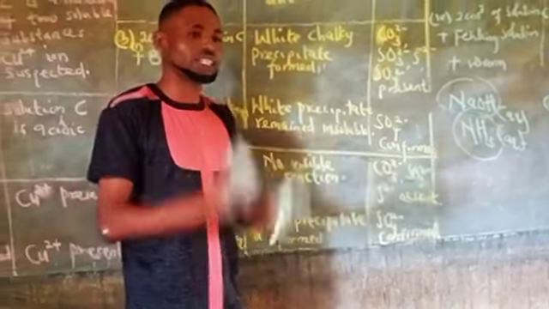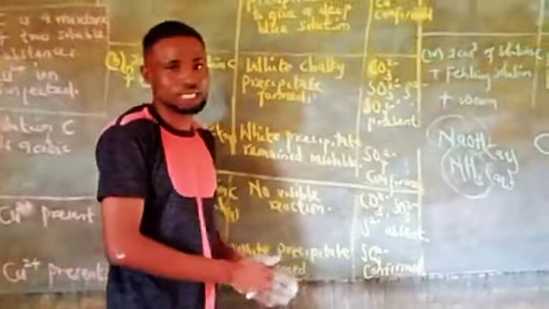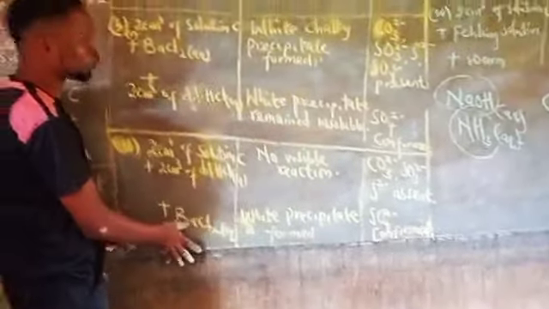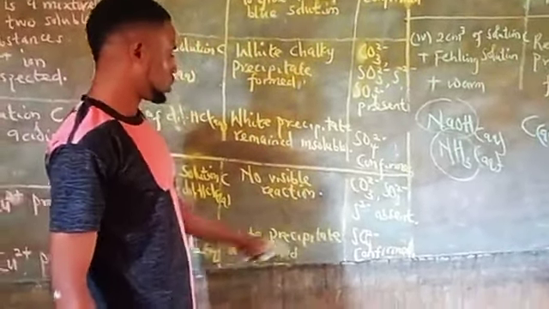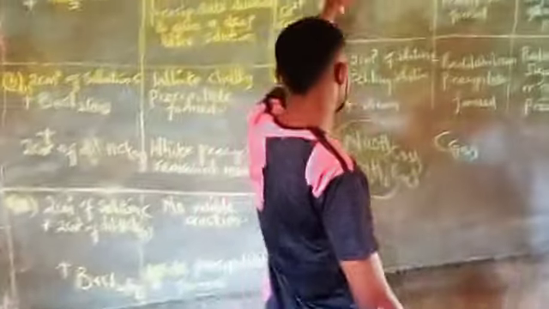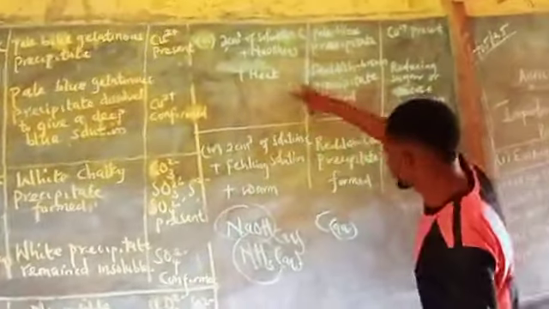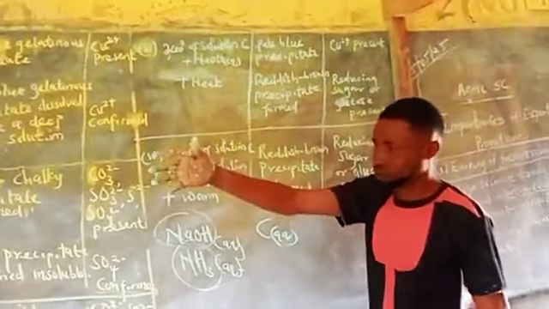So when you add barium chloride to it, a white precipitate forms, and SO4 2- is present. Then this is the only way you can test for what they call glucose.